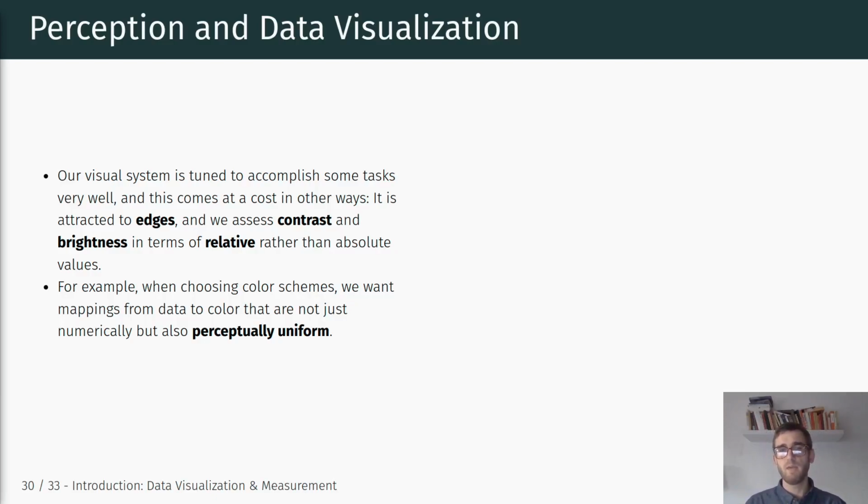So if we map, just in the example that I showed in one of the previous videos where we looked at the Human Development Index, right? We had this example of Mississippi.